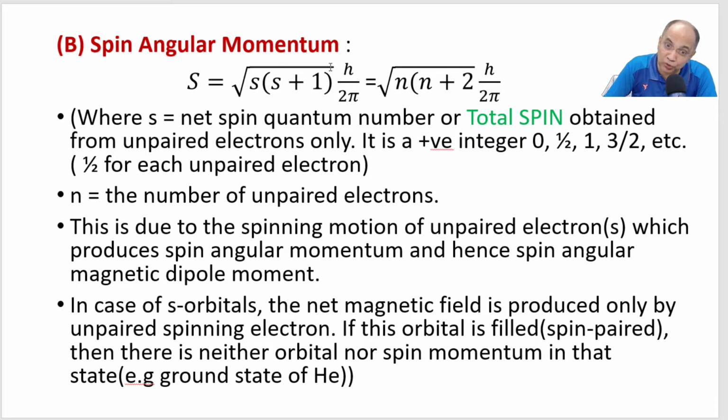Now, what is spin angular momentum? I have already told you that while having an orbital motion around the nucleus, the electron is also spinning, producing another magnetic field, the spin magnetic moment. The corresponding momentum is spin angular momentum, which is given by root over s into s plus 1, h by 2 pi, right?